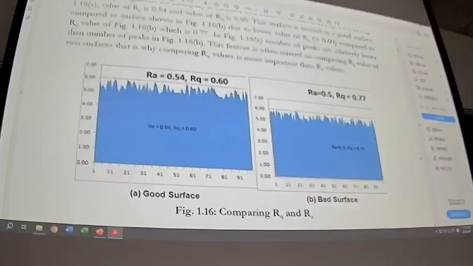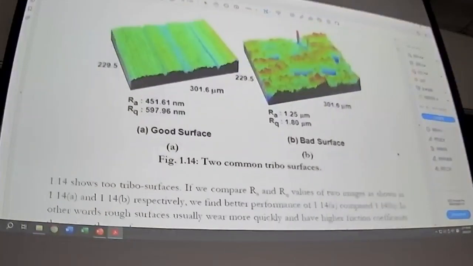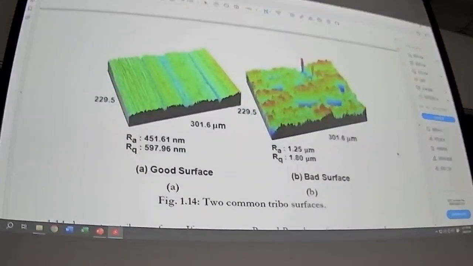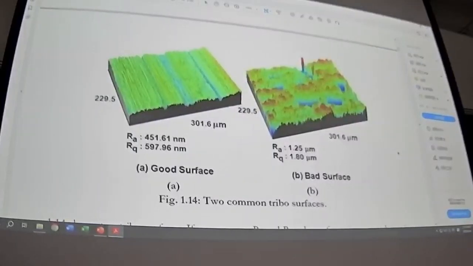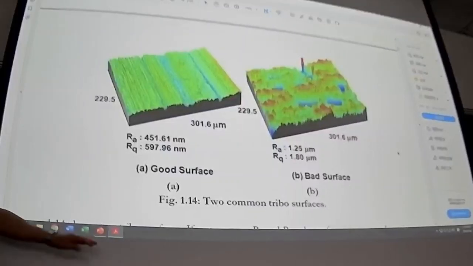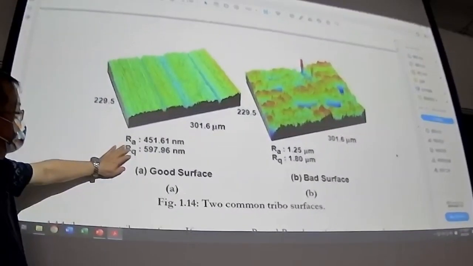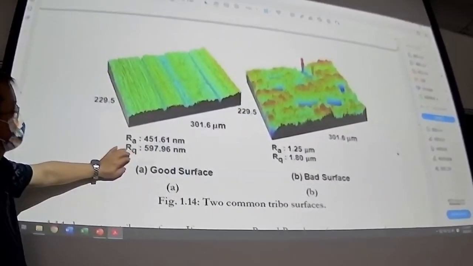And then we have one image from that. This is a microscopic image of the surface. Okay, so you have average surface roughness and root mean square surface roughness.